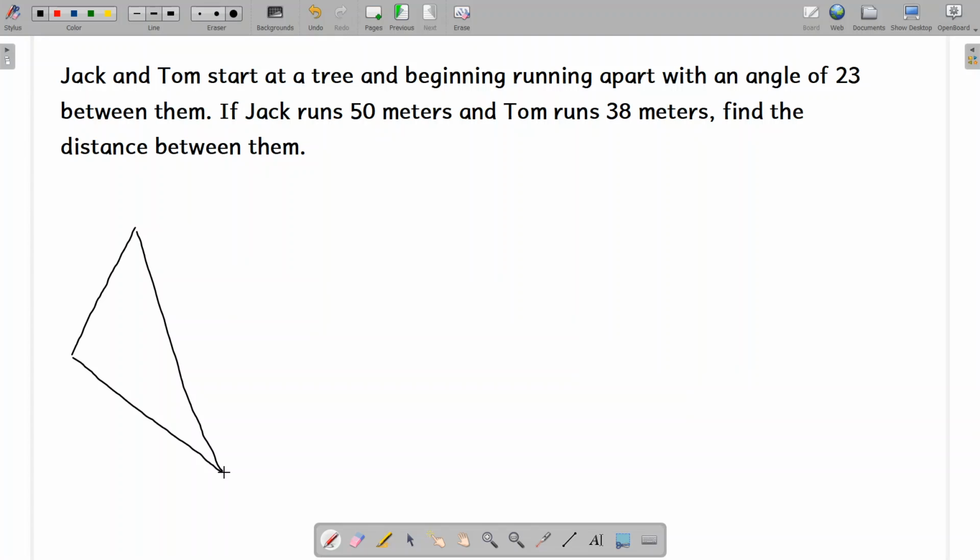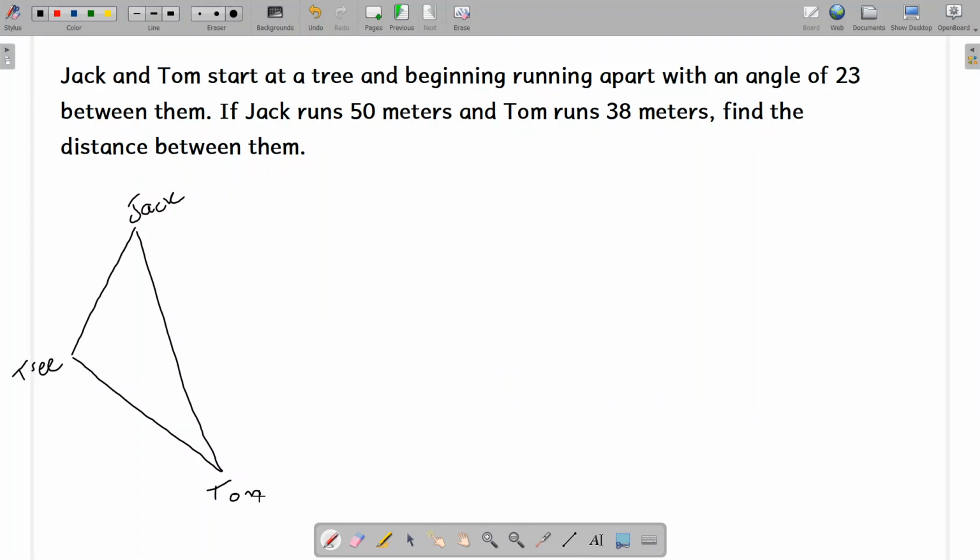So let's think about what's going to make up each vertex of the triangle here. One of these is going to be the tree that they start at, and then they both run in opposite directions and they end up at a certain spot. So let's say Jack runs and ends up over here. And let's say Tom ran and ended up over here.